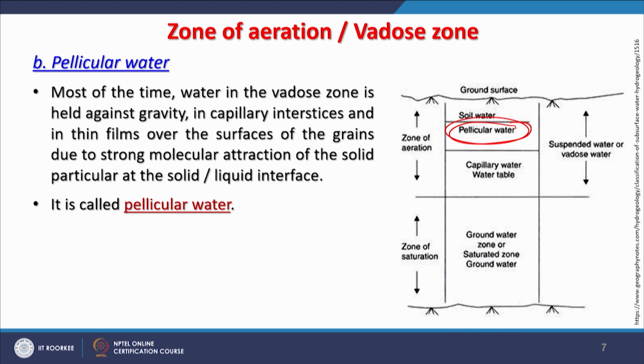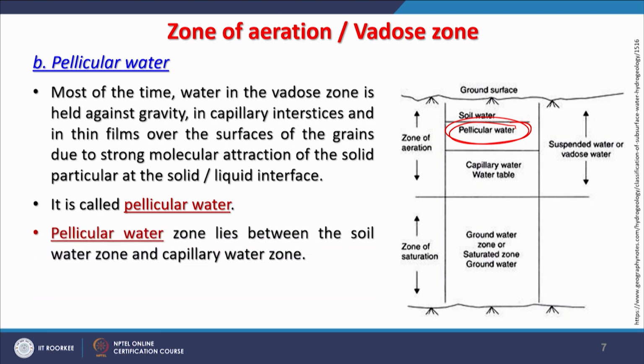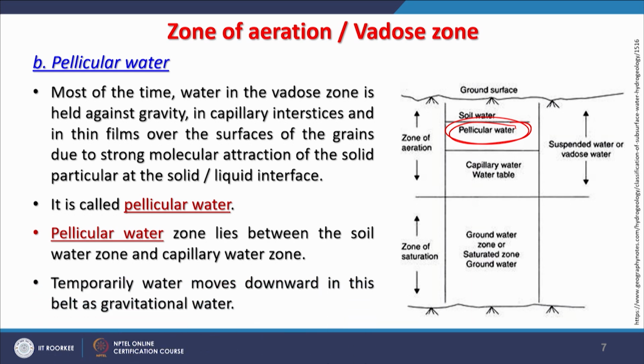This is very important for the entire system of water: groundwater, surface water, and soil water. The pellicular water zone lies between the soil water, the top zone, and the capillary water, which is just below the pellicular.